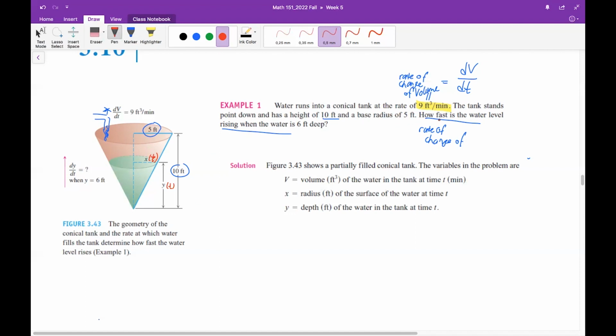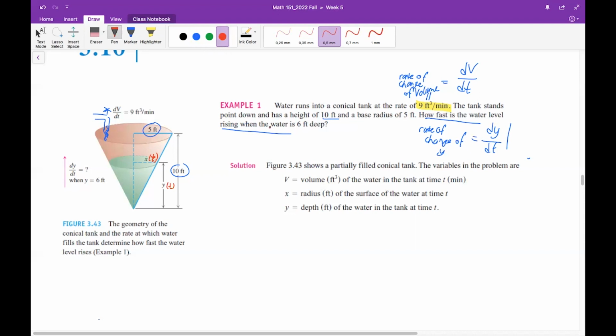Okay, so how fast is the water level rising at some particular moment is the question. So this corresponds to the rate of change of the function Y. That's why you can denote it by the first derivative of the Y function with respect to t. And you want to find this quantity at some particular moment. You see, when the water is 6 feet deep.